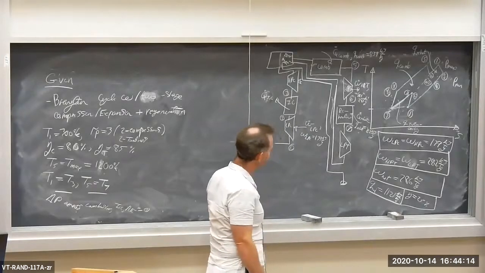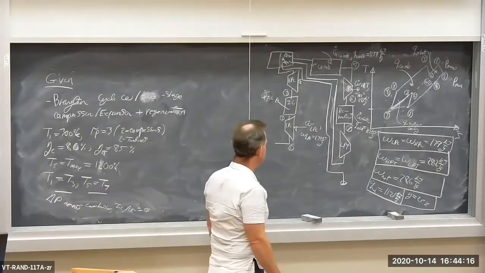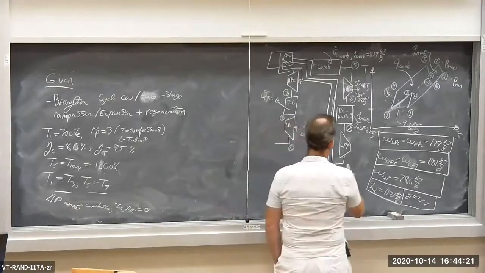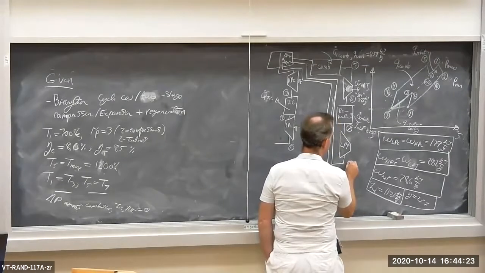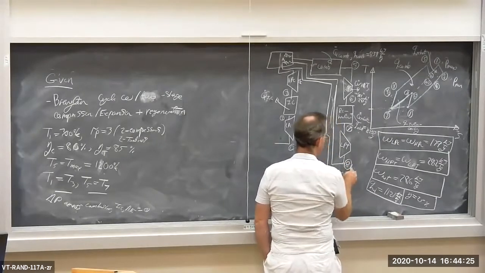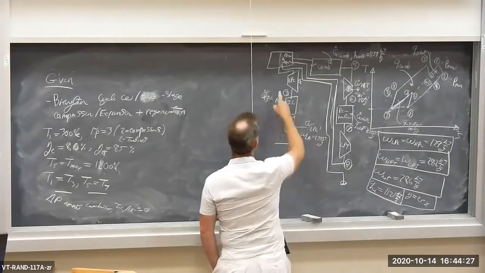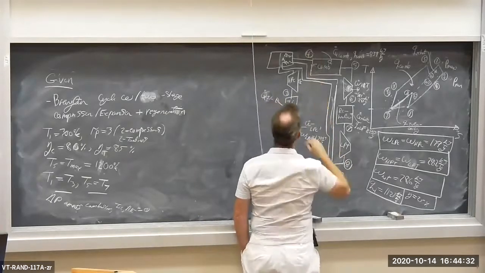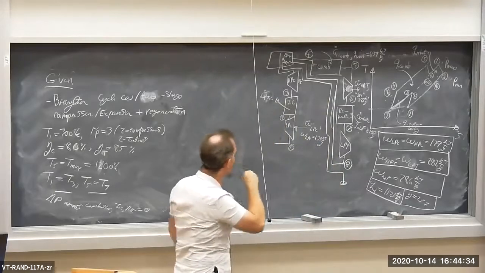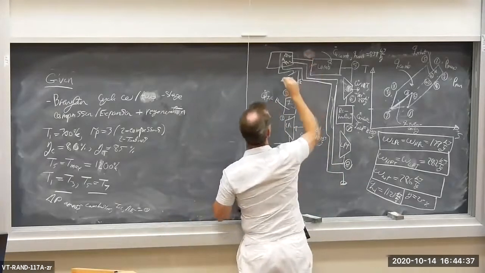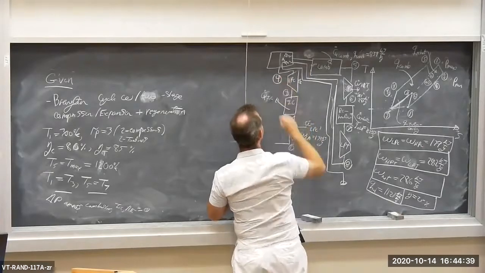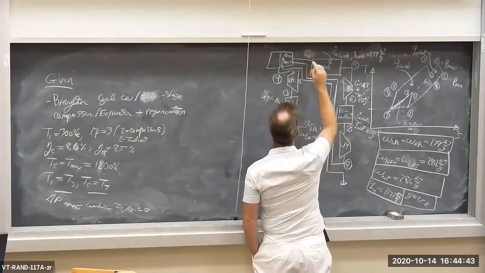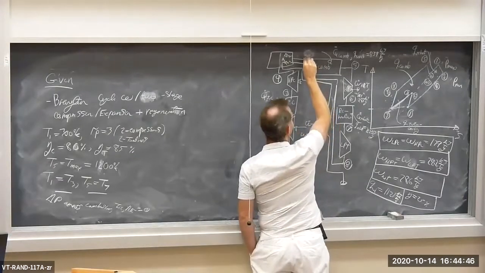So instead of changing all my notation here, I'm going to keep this as state 8. This is still 4. The HPC outlet, I'm going to call 4. And I'm going to call this state right here, the combustor inlet, I'm not going to give it a number at all.